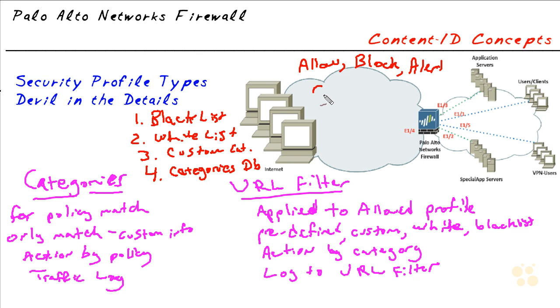So I have one called continue, and it'll allow access to the website, but it makes the user click on a web page. So basically there's a log information that says the user agreed to go here. So you can put up your disclaimer or something along those lines, let the user click on it, but you'll go ahead and continue. There's also one that will block by default, but allows for an override.